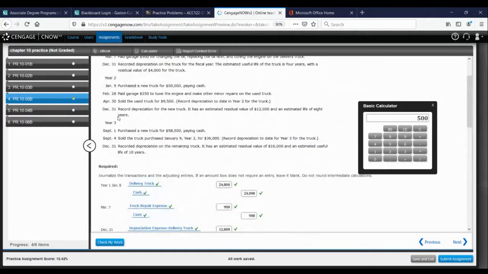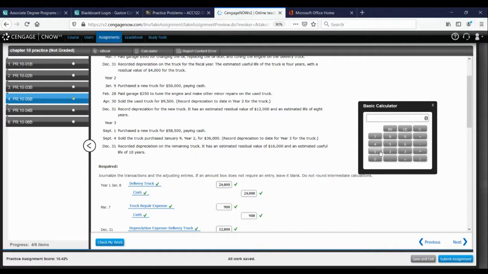On the last transaction in year 2, they want you to record the depreciation for the new truck. And it had an estimated residual value of $12,000, which is just there to let you know that we cannot depreciate below the scrap value or the residual value of $12,000, and that it had an estimated life of 8 years. So what we'd have to do when we're determining the depreciation for the new truck in the first year is we would have to first determine twice the straight line rate.